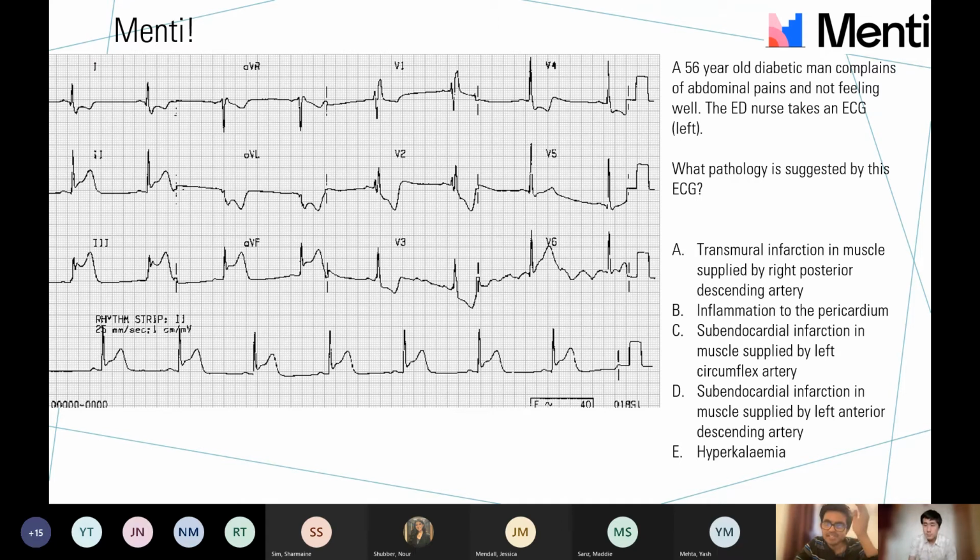They really don't want you to miss this as an F1. Okay, 10 seconds, 15 seconds left.